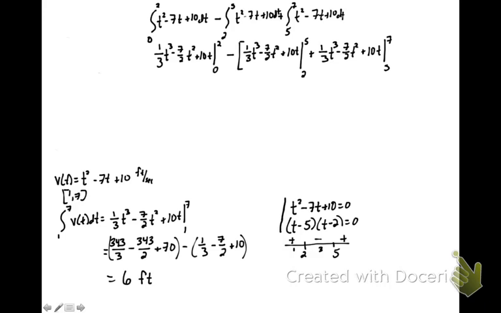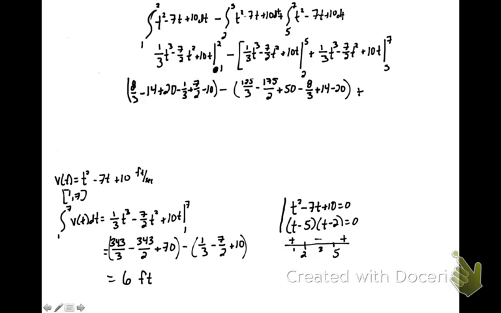I'll substitute in 2 and 0, and then I'll substitute in 2 and 5, and finally I'll substitute in 5 and 7. And I can see I made a mistake. I should have been integrating from 1 to 2 and not 0 to 2, so I'll fix that first. There, that's fixed. Now I'll substitute in 7 and 5.